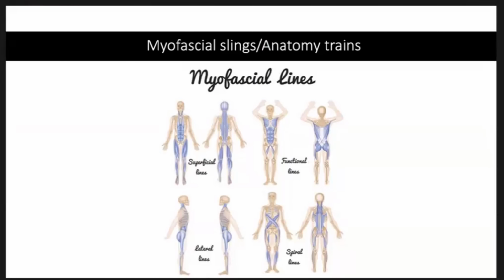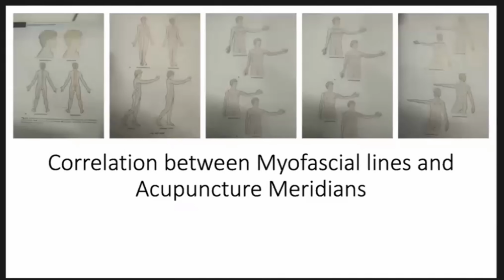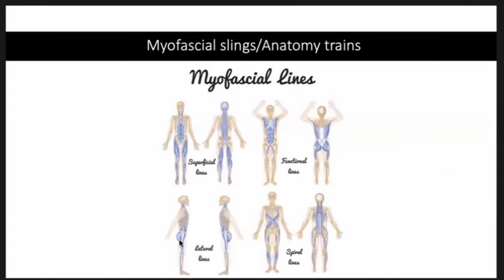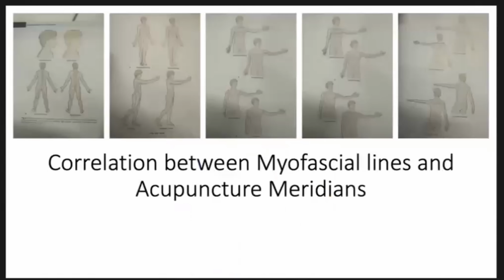Yeah. And the reason why is when we're looking at the lines, we can see a big correlation between what we physically can see. So imagine on the left of each of these structures here, that's a representation of what we can physically see if we had to open up the body. However, what's so interesting is that we've got meridian points.